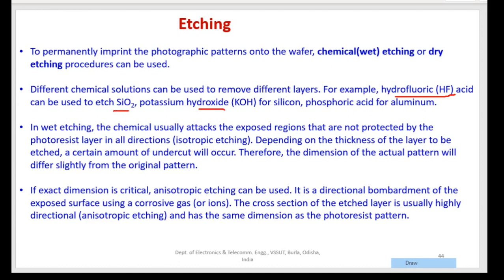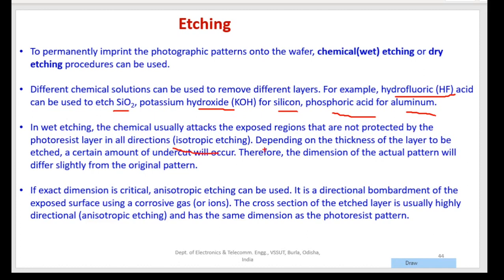Potassium hydroxide, KOH, can be used to etch out the silicon layer, and phosphoric acid can be used for etching out the metal layer or aluminum layer, right? So in wet etching, the chemical usually attacks the exposed regions that are not protected by the photoresist layer in all directions. And this is also called isotropic etching.